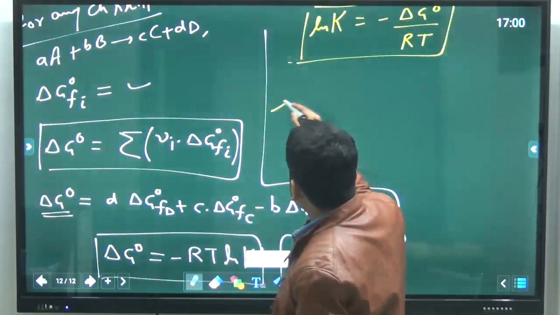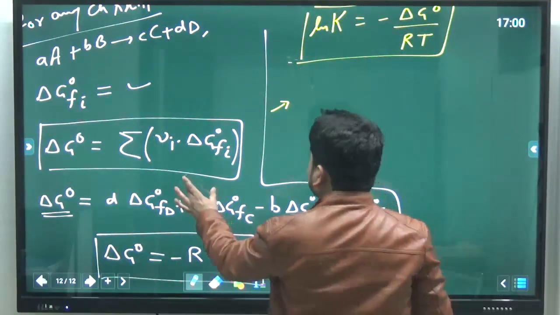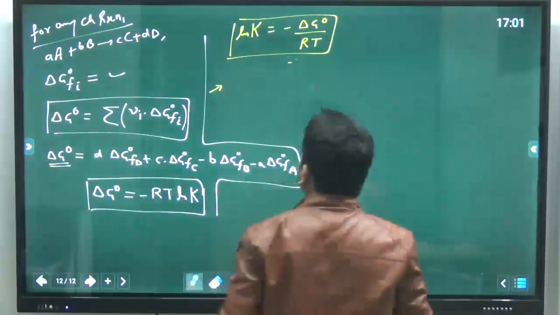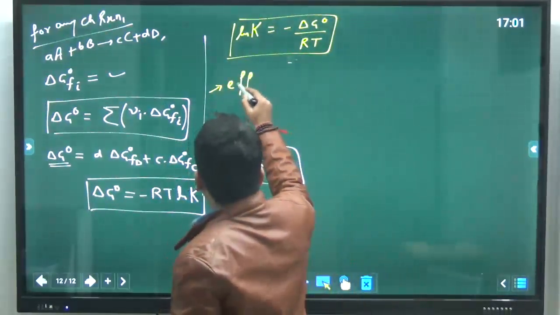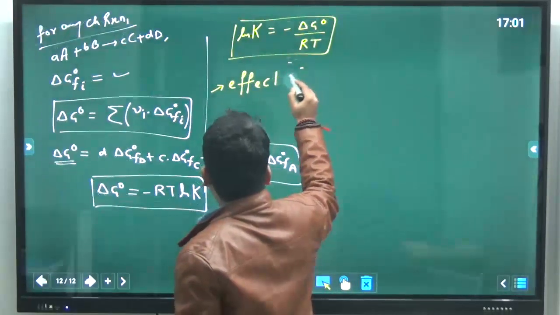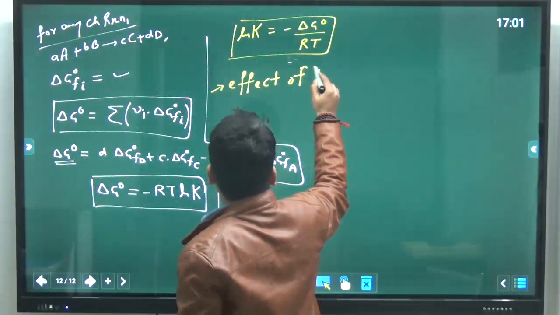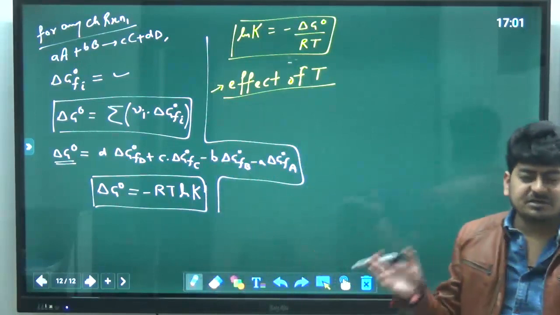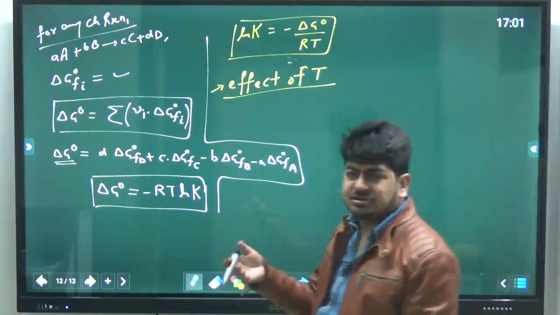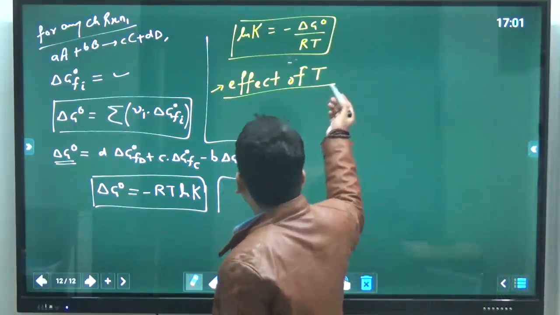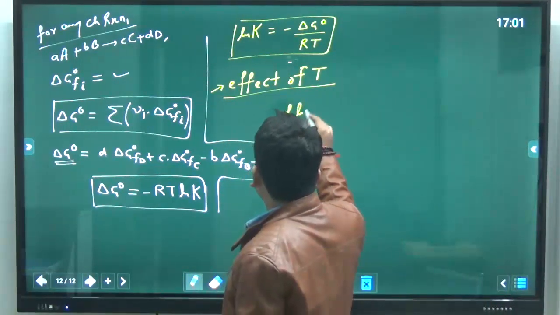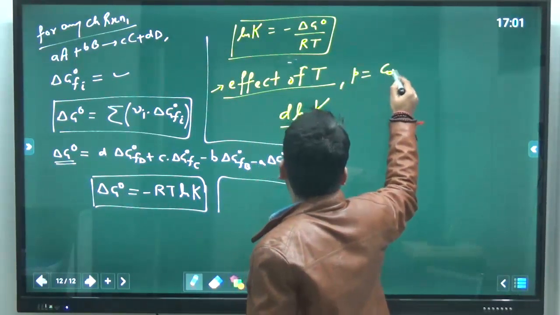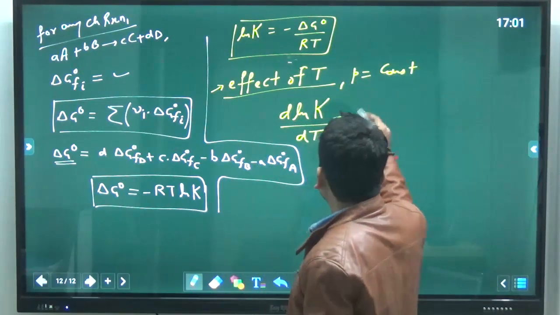So here if you want to see the effect of temperature, then obviously I will keep all the other parameters constant, like pressure, composition, volume, concentration, etc. So just differentiate this with respect to temperature, like pressure is constant and all other parameters are constant.